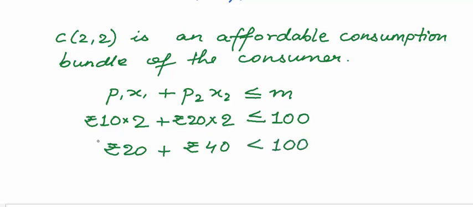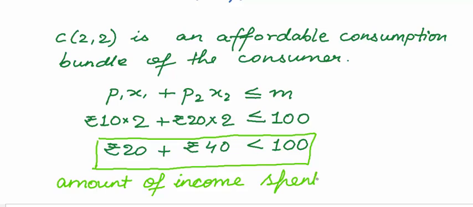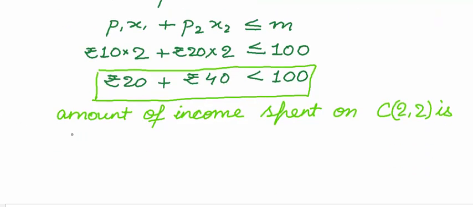What we can make out from this conclusion is that the amount of income spent on consuming the C(2, 2) units of goods is less than 100, that is, the income of the consumer.